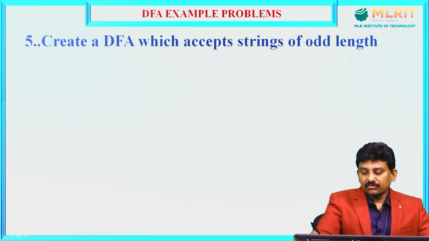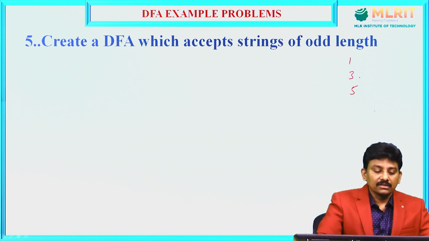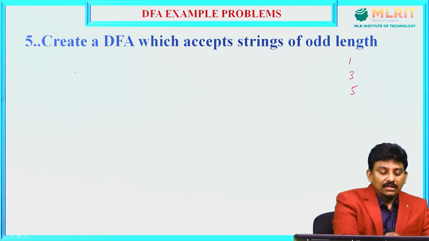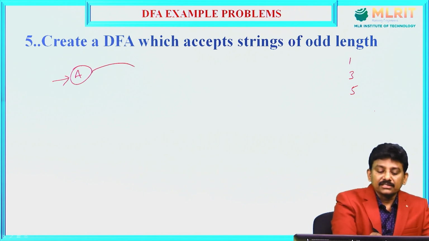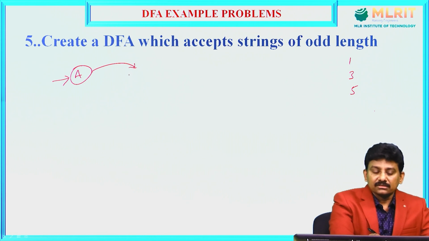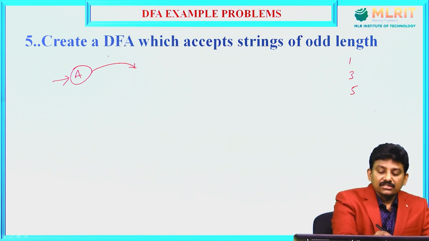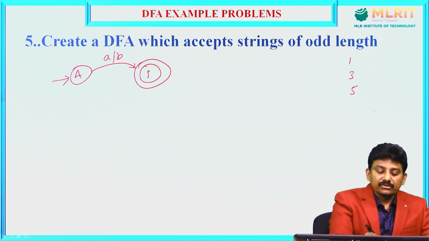Odd length means 1, 3, 5 like that. The string length should be odd. Take the initial state. Initially no symbols are read, that is even. If you read any symbol, either A or B, that becomes odd. So the odd number is accepted, going to the final state.